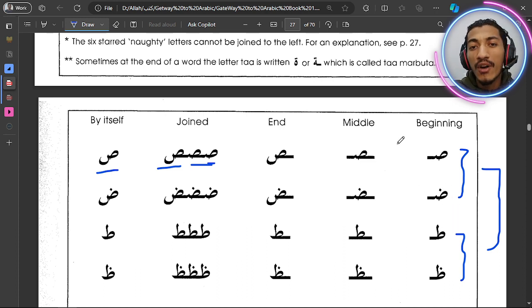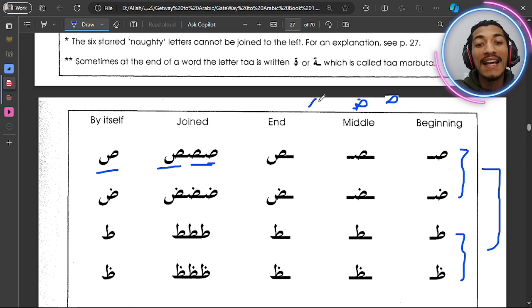If we go to Ta, you will notice that it has the same shape as the head of Sad, except for the line that it has. Now we have one head for four different letters. We have the Sad head, and if we add a dot for Sad, it will be Dad.